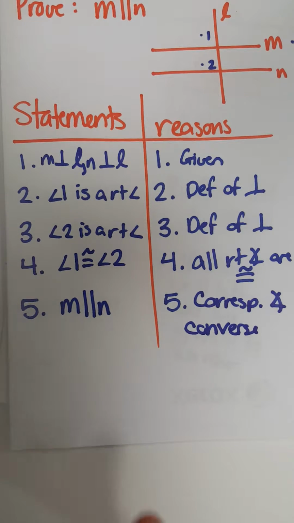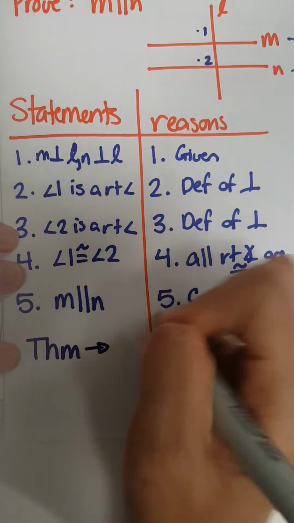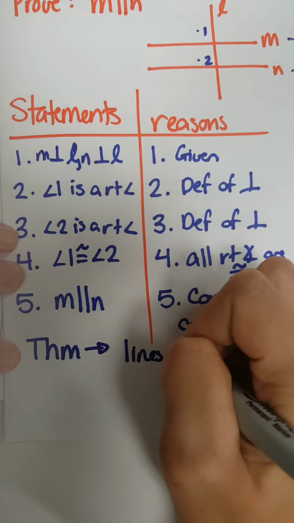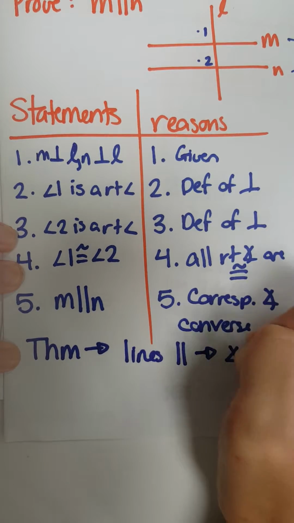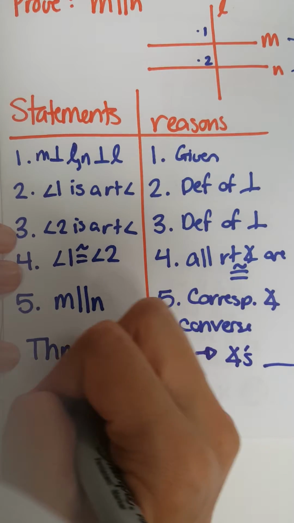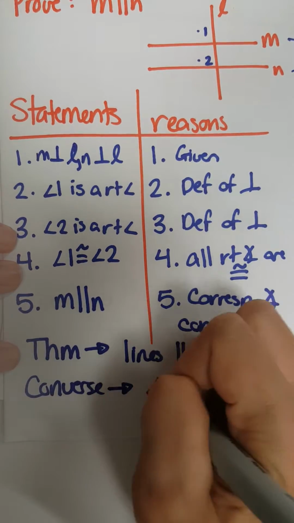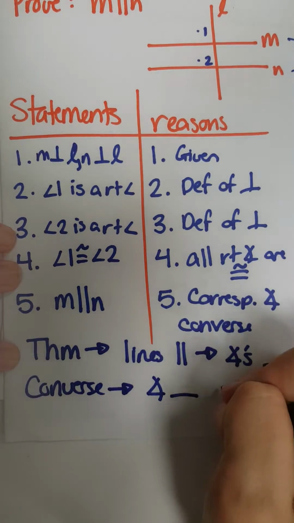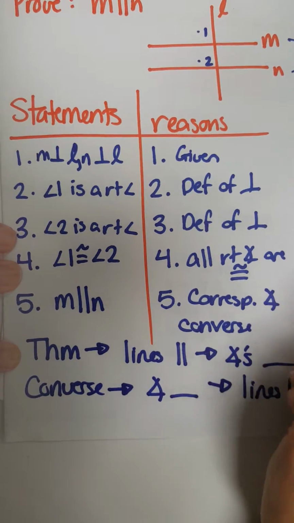So remember, the theorem starts with lines parallel, goes to angles congruent, or remember, supplementary. The converse goes from angles, congruent or supplementary if you're dealing with the consecutive interior, and we can end with lines that are parallel.